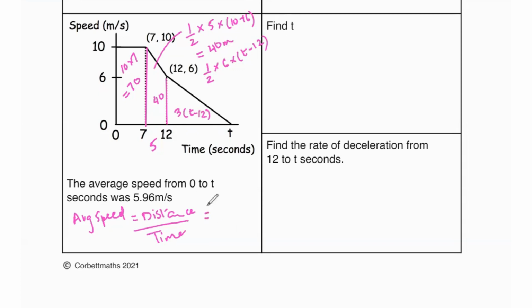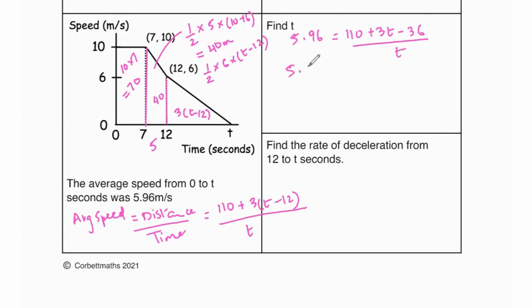So total distance becomes 70 plus 40, that's 110, plus 3 times t minus 12, over total time, which is t. So since they've given the average speed as 5.96, 5.96 equals 110 plus 3t minus 36 over t.